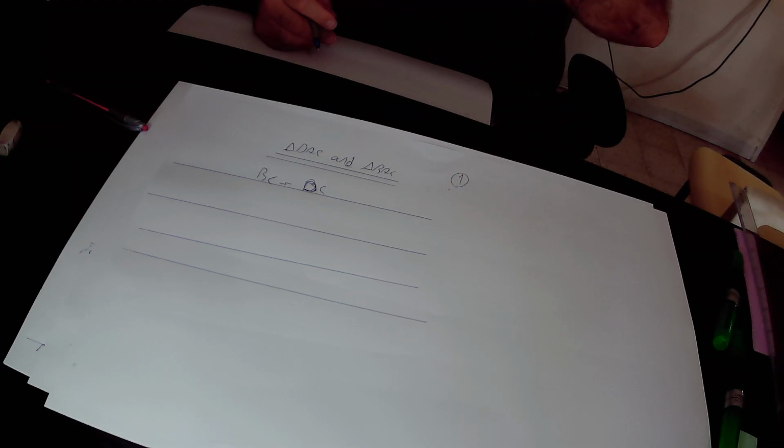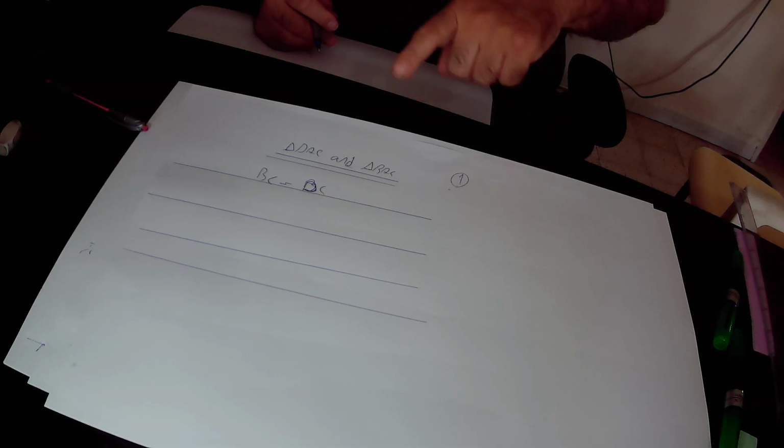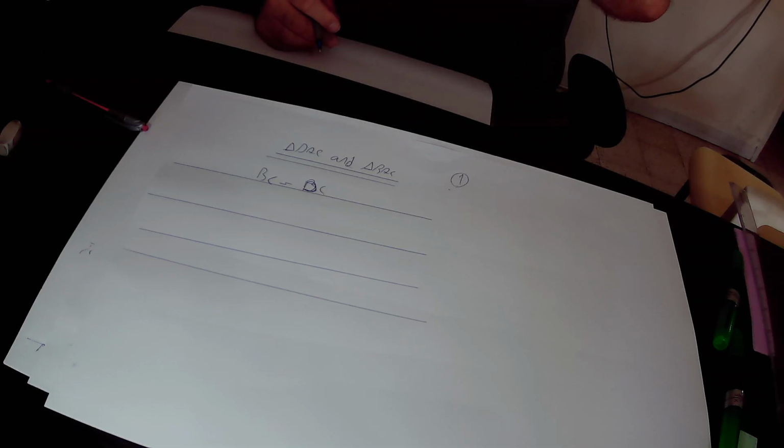Side BC of triangle BQC is equal to side DC of triangle DQC.